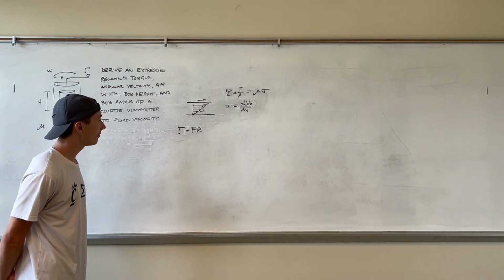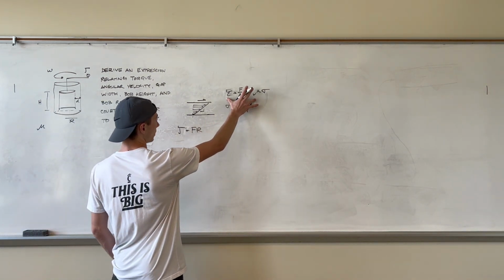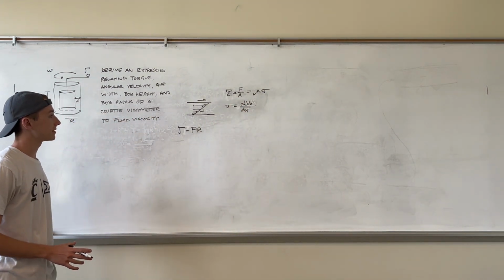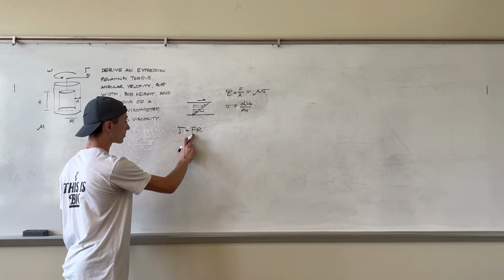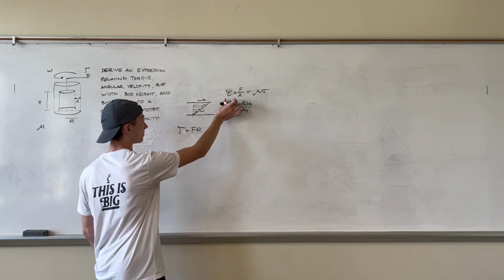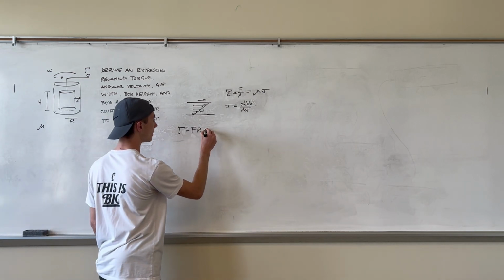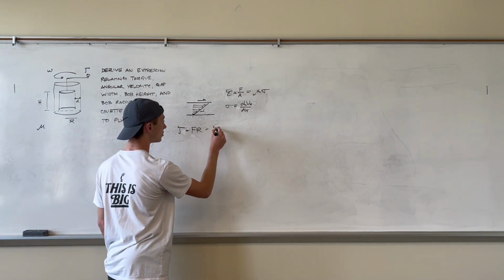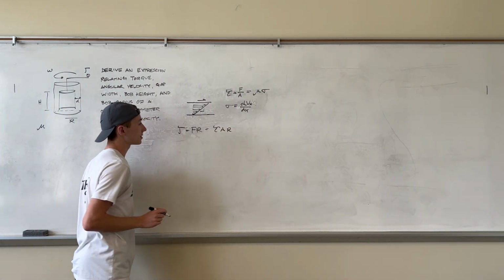So let's start tying these all together. Force we can relate to the shear stress and the area of the fluid. So we have shear stress times area times radius.